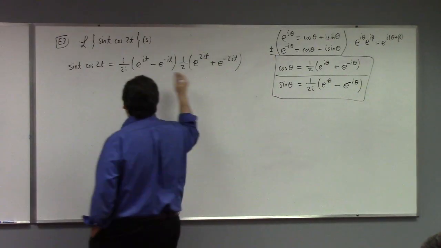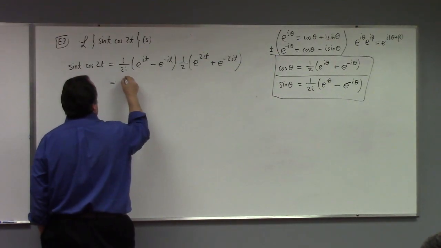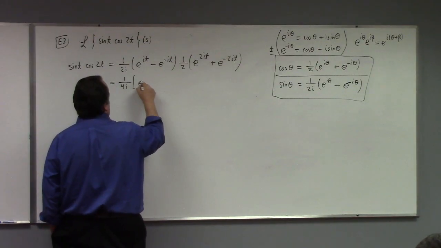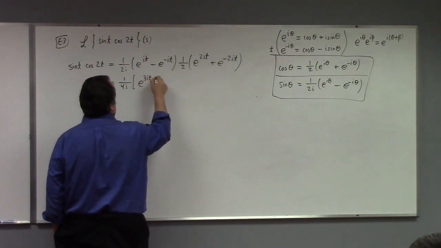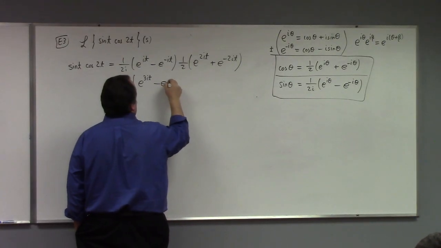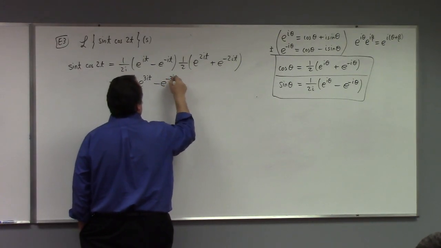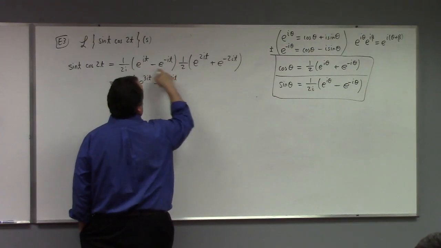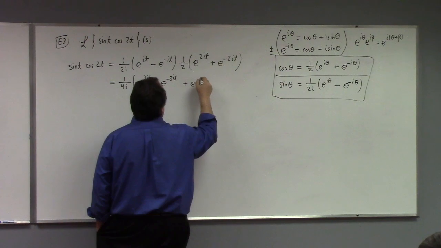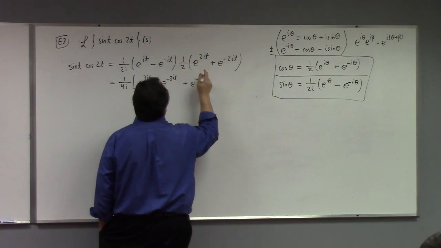And so when I multiply this out, I've got 1 over 4i out front, and I get an e to the 3it, and I'll do the last one next, minus e to the minus 3it, then I'll do this one times that one. That gives me plus e to the minus it. I wanted to do this one first.